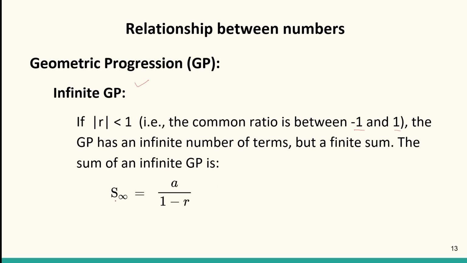So S infinity is equal to a by 1 minus r. You can see here why it is strictly less than 1. This formula holds good if r is not equal to 1. So S infinity is equal to a by 1 minus r.